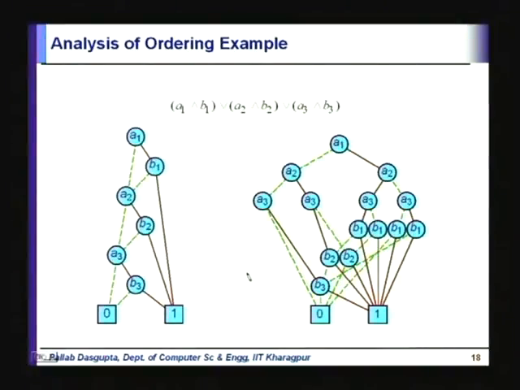Please remember that underlying this construction of BDDs there is a SAT, because what is the BDD corresponding to an unsatisfiable function? How is it going to look?